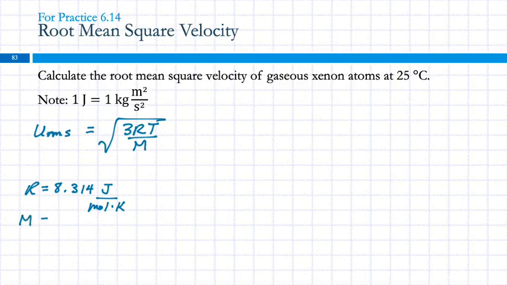And molar mass is in kilograms per mole. So what's the molar mass of xenon? It's 131.3 grams per mole.